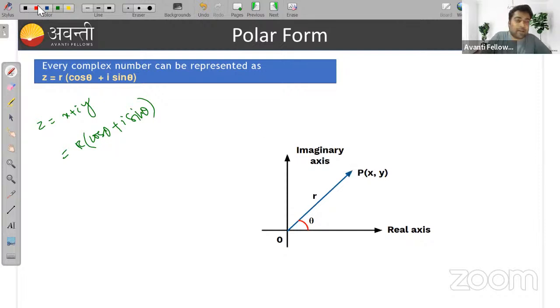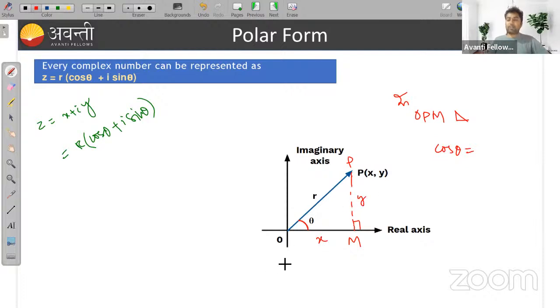Okay, so see here, if we drop a perpendicular from this point P on the x-axis or real axis, then in this right angle triangle OPM, if I ask you to find cos theta, this length is x and this length is y.